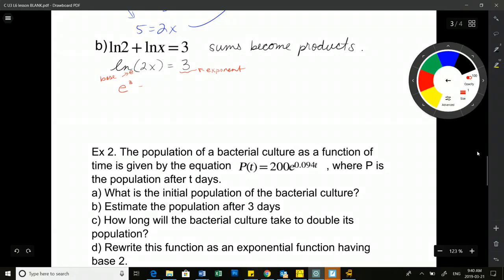So e to the 3 equals 2x. That's how we're going to solve that, because we can't really get that 2x outside of the ln any other way than switching. This is what we call inverse form, switching between exponential and logarithmic form. Then I'm just going to divide out the 2, and we will get e to the 3 over 2. We'll just leave it like that.